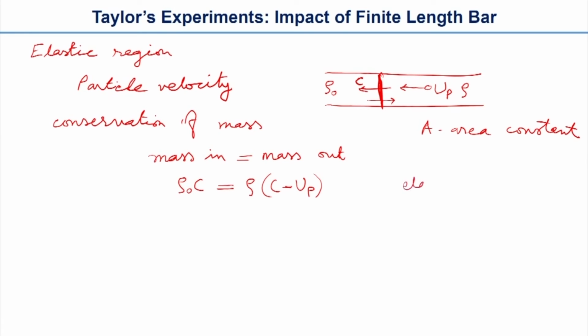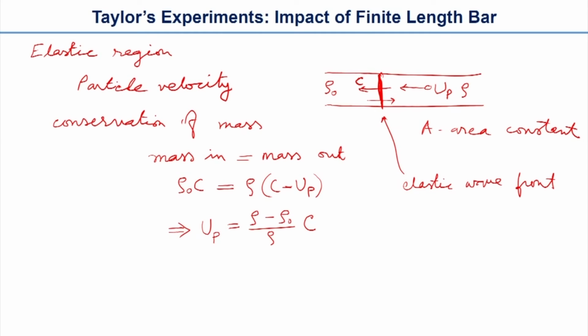So for this elastic wave front, from here we can get the particle velocity in terms of density and wave velocity, which will be rho minus rho naught divided by rho, into c, the elastic longitudinal wave velocity.